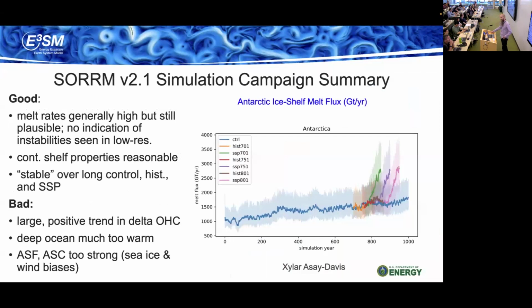We just finished this simulation campaign earlier this year. On the right, I'm showing the time series of the ice shelf basal melt fluxes over the 1,000-year 1950 control conditions. I should say we use 1950 control rather than the standard 1850 control, because for simulating ice shelf basal melt rates, we really don't care about the time period between 1850 and 1950, and we wanted to get out to future projections as soon as possible.